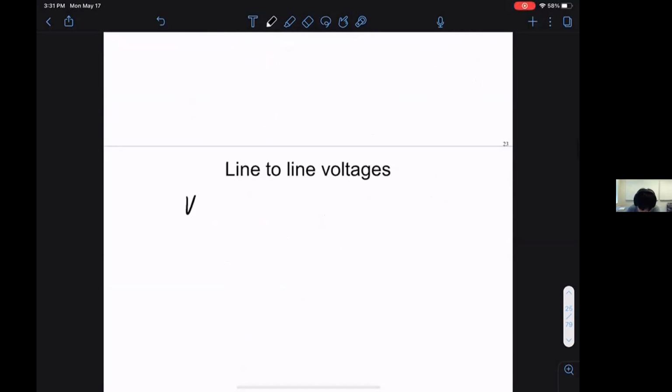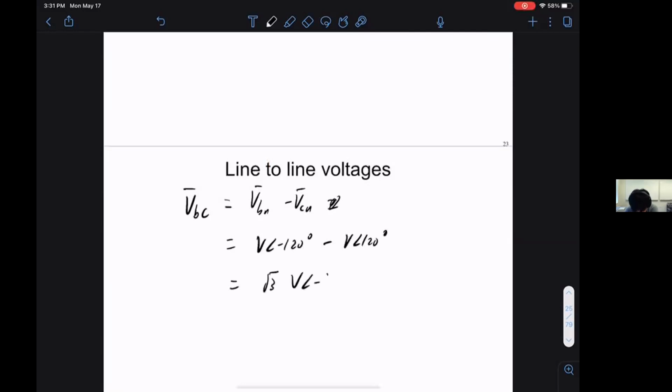Otherwise, VBC is the same as before. We have VBN minus VCN, which is V angle minus 120 minus V angle 120 degrees, giving √3 V angle minus 90.